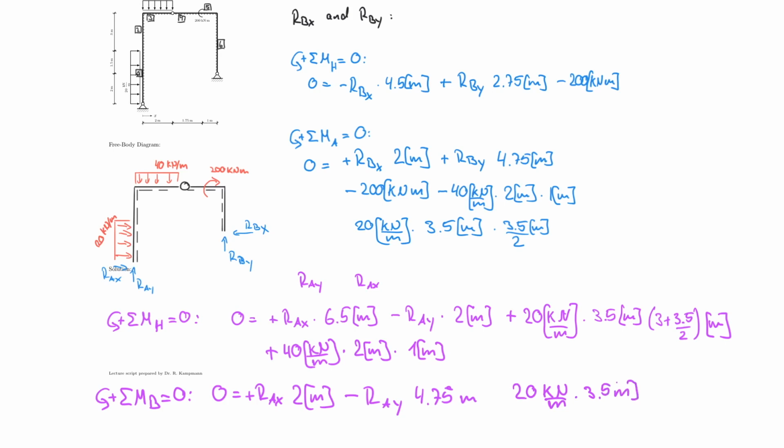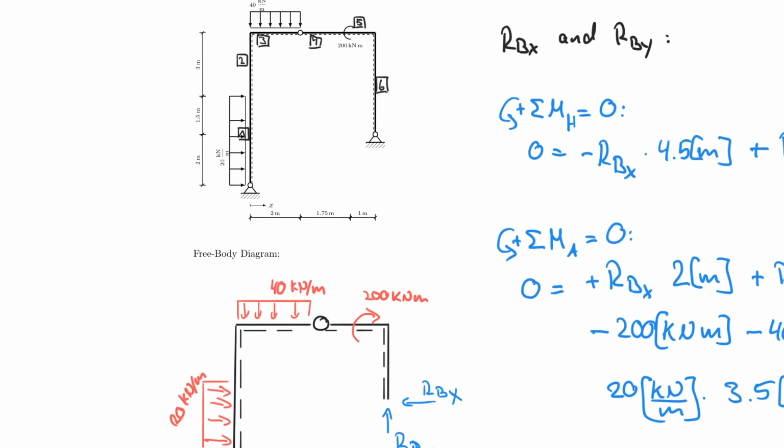And now it's a little bit tricky. That can be really tricky, because the centroid of this force is right in the middle, 3.5, right, to this point. But there's only a distance of 2. So let me actually draw that into the system. So the center of that load is acting here.